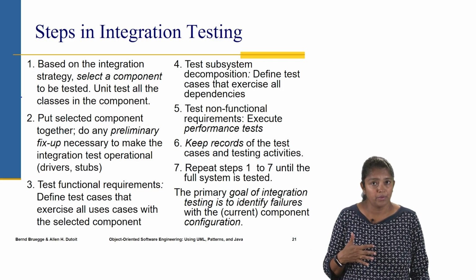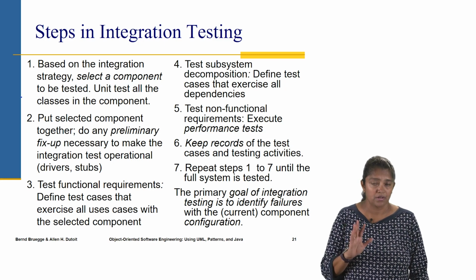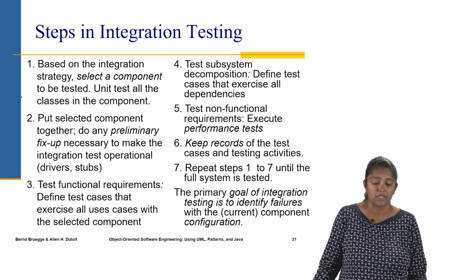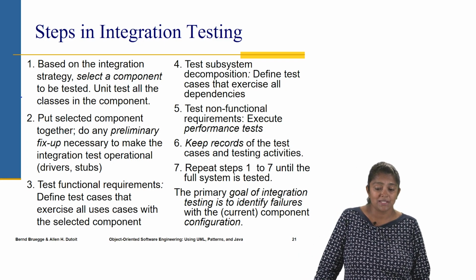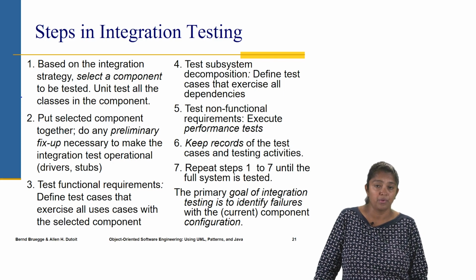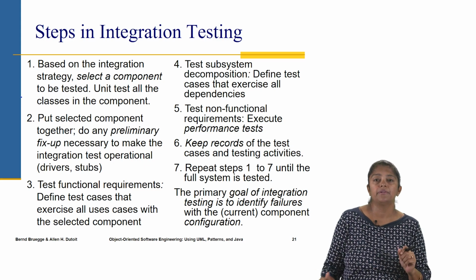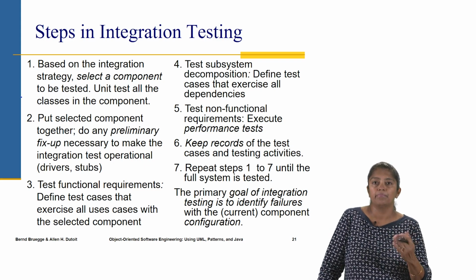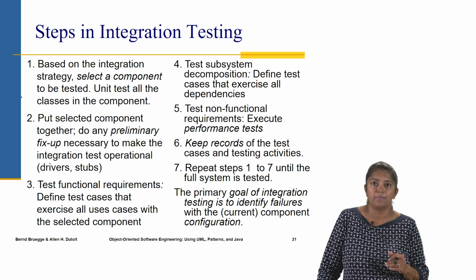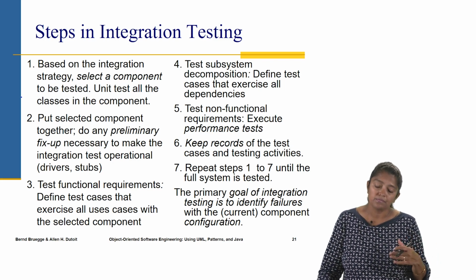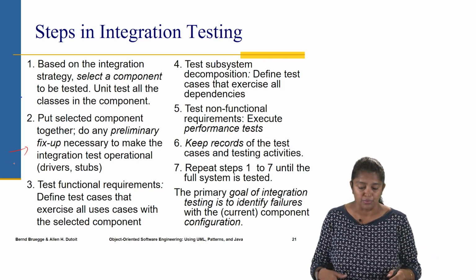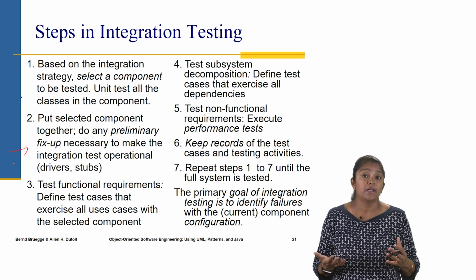Now, all of the components have to be unit tested first. That's a given. Unit testing has to happen first. Once that's done, then based on the strategy, we put the selected components together. And then any preliminary fix-up, that is, for the missing parts, drivers or stubs have to be generated. So that's step 2. Then we have to test.